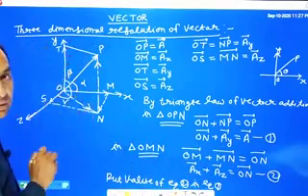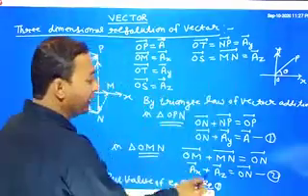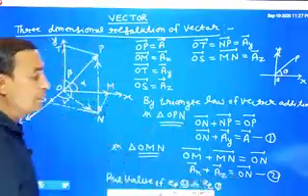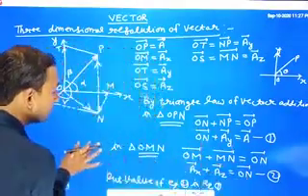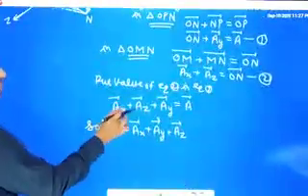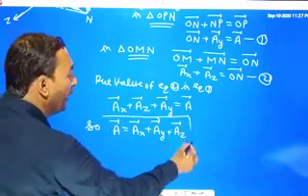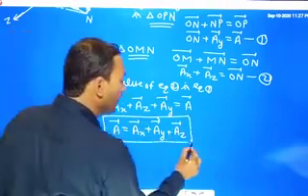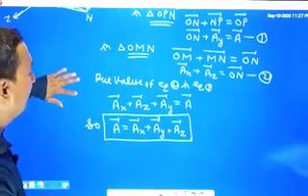OM is Ax, and MN is Az, because MN and OS are equal, Az. So ON equals Ax plus Az. Now put the value of ON in equation number 1. Then we get A vector equals Ax vector plus Ay vector plus Az vector. So any vector is equal to the sum of its components in the x, y, and z directions.